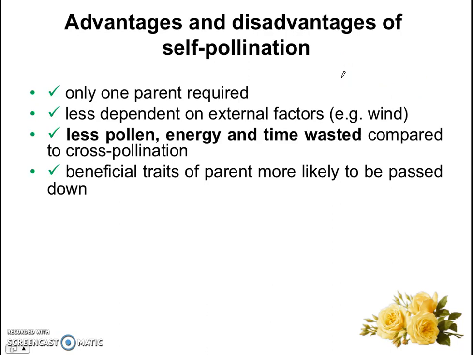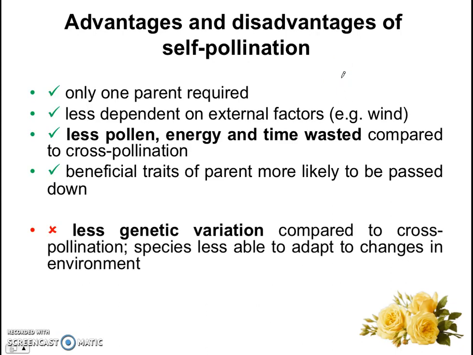Now hopefully you also thought of the disadvantages. So of course the main disadvantage of self-pollination is that there's less genetic variation compared to cross-pollination. Now there's still some genetic variation, okay? It is not the same as asexual. In asexual reproduction, the offspring is exactly the same as the parent. Self-pollination is still sexual reproduction, okay?